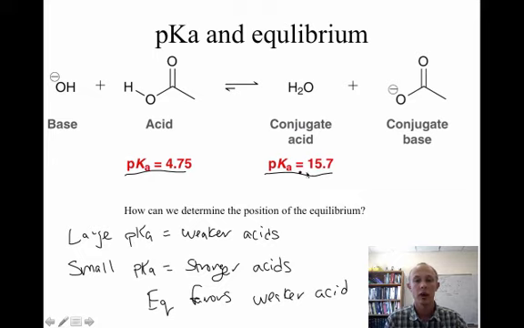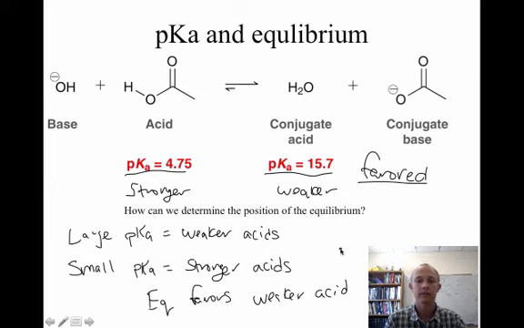So what's weaker here, water or this acid called acetic acid? Well, this pKa is smaller, so this must be a stronger acid. This pKa is bigger, so it must be a weaker acid. So this side, the product side, is favored. So the equilibrium will favor this side as opposed to this one.